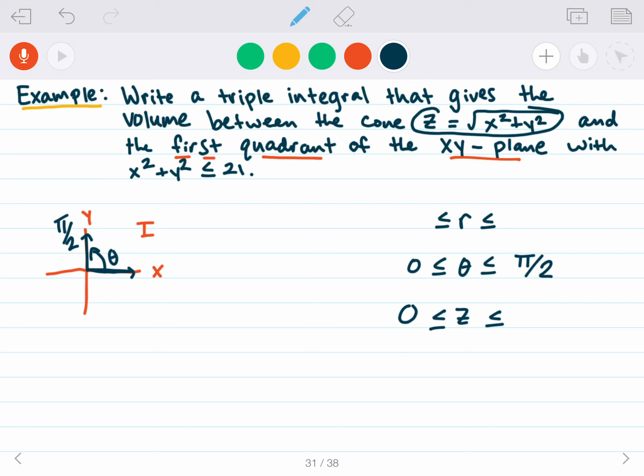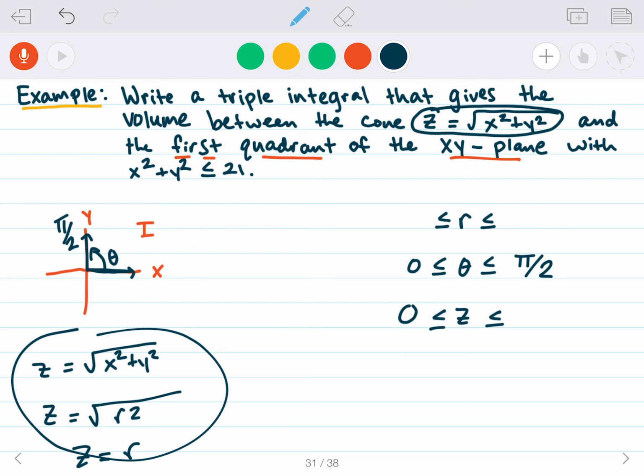In the equation z equals square root of x squared plus y squared, we know x squared plus y squared in polar is just r squared. So z is equal to the square root of r squared, and therefore the upper bound is z equals r. So this is describing that cone in terms of polar. So z is going to be between 0 and r.